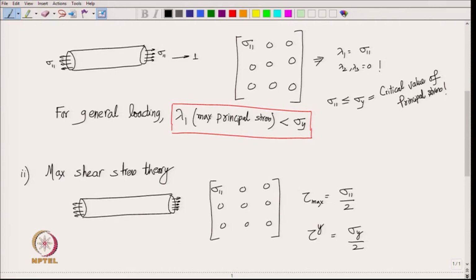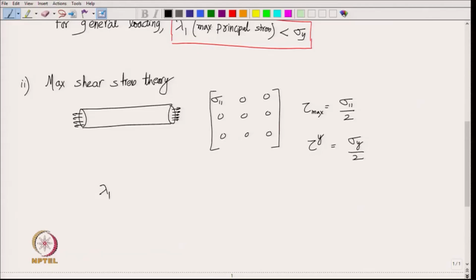You see, these are all material constants. Once you have found out the value of max shear stress from a simple tension test, then you can again think of a general loading scenario, and in that case you will have 3 values of principal stress components lambda 1, lambda 2, lambda 3, and then the maximum shear stress for that particular state of stress is lambda 1 minus lambda 3 divided by 2, is it not.